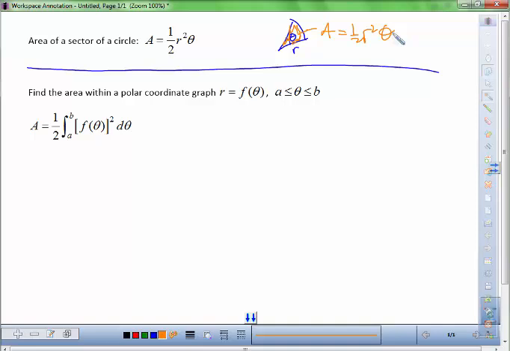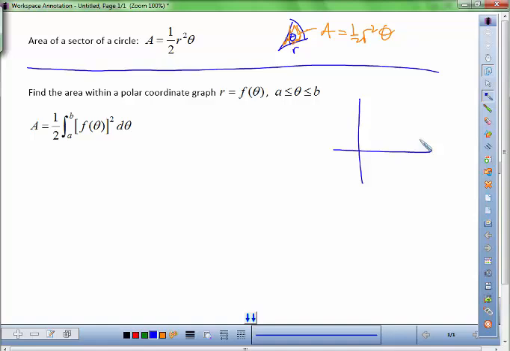So what we want to do with polar coordinate graphing is maybe take an example of a rose petal, or one of those things. By the way, some of the things that I asked you to explore on your own was the cosine of 3 theta.